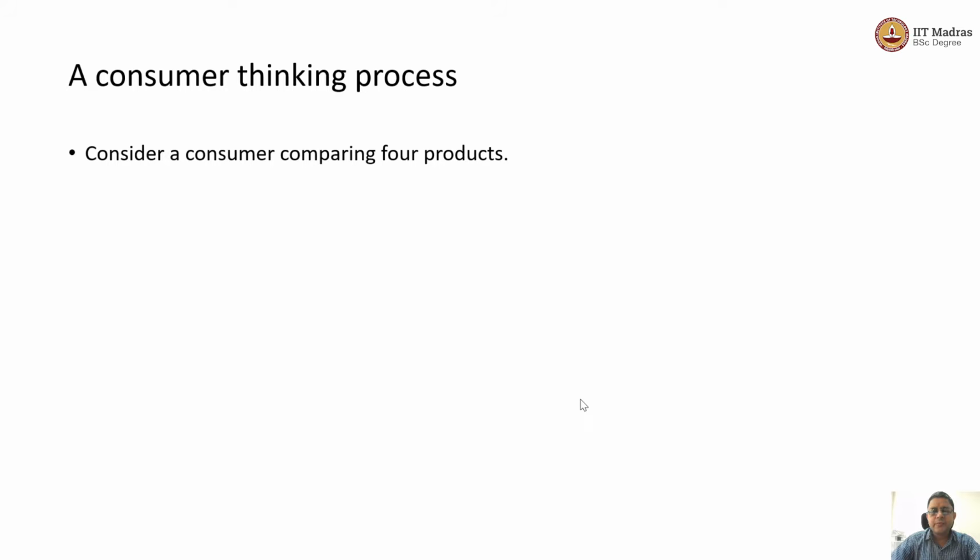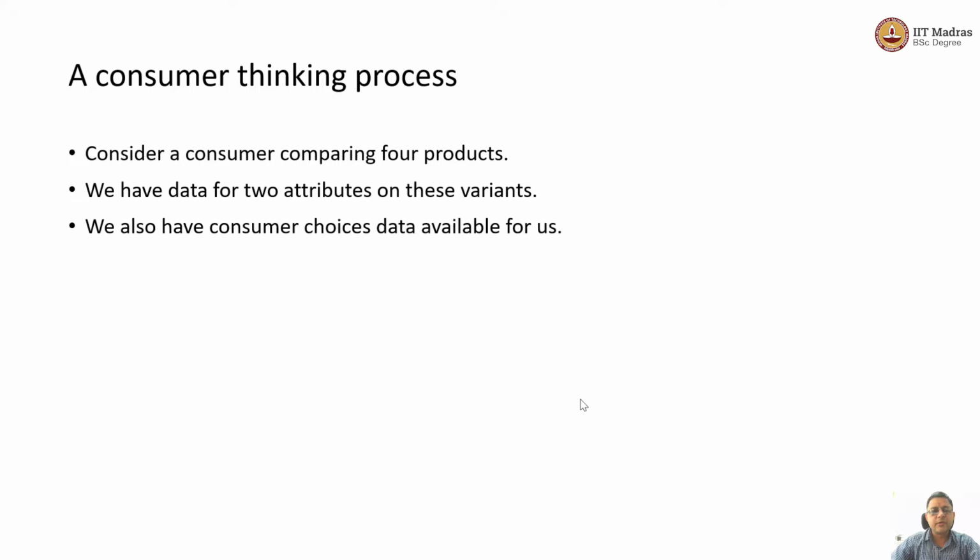Now let us say that these products have two attributes, or at least we have data for two attributes for these products or variants. Once we ask the consumer their preferences, let us say that we also have their consumer choice data. Let us make sure that we have this data available to us.